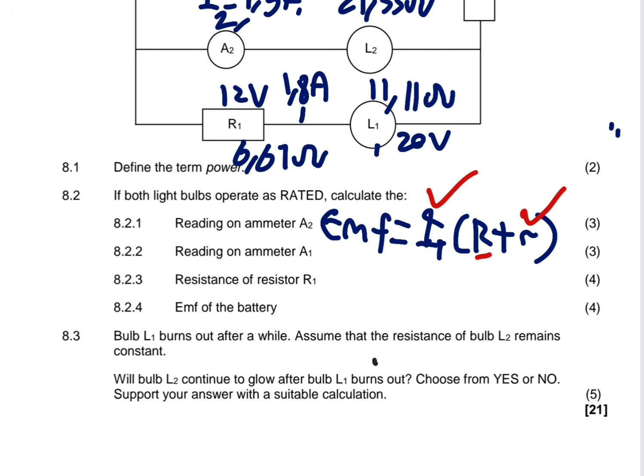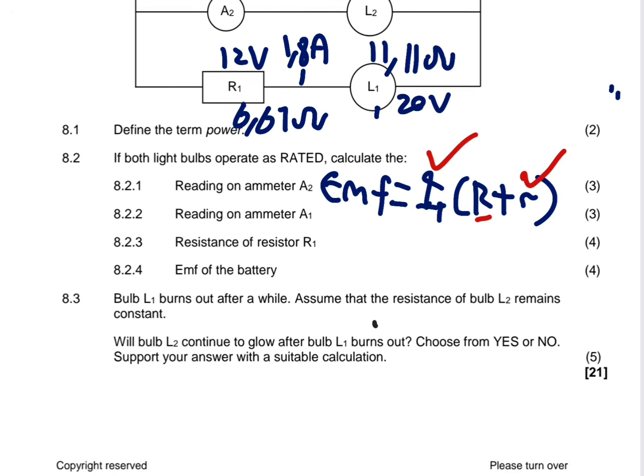Okay, so then let's start with this one. 6,67 R1 and L1, we know that they're in series. And remember, when we combine two resistors in series, it's just R1 plus R2.